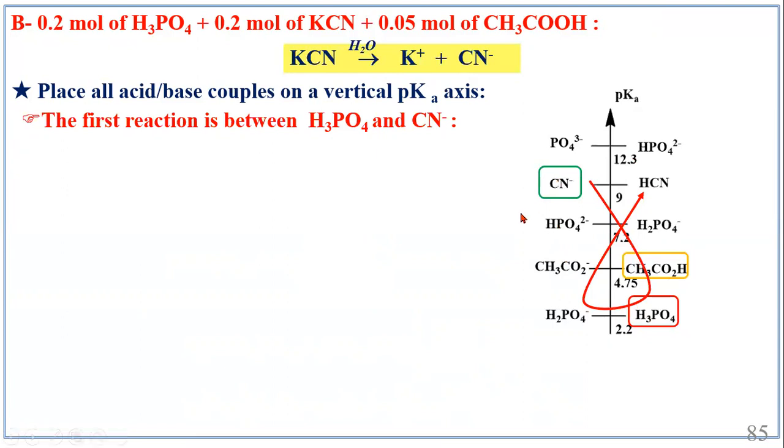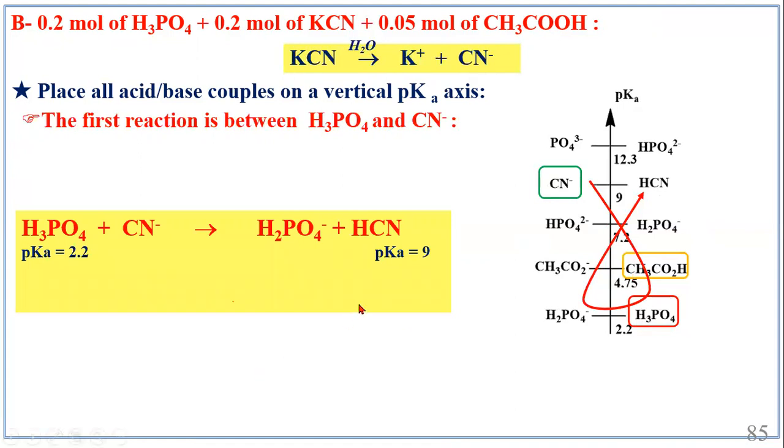So CN-, which we saw in the previous question, with H3PO4 has the greatest difference in pKa. That will be my strongest base, and H3PO4 is the strongest acid in the system.